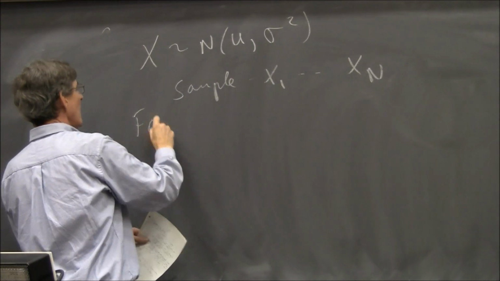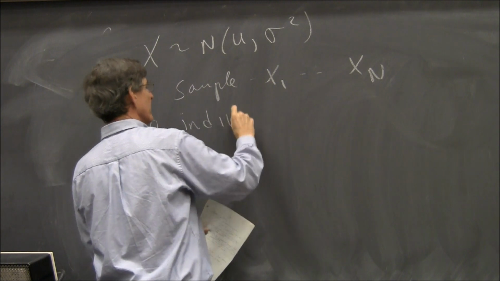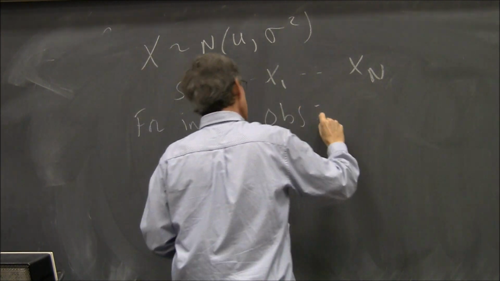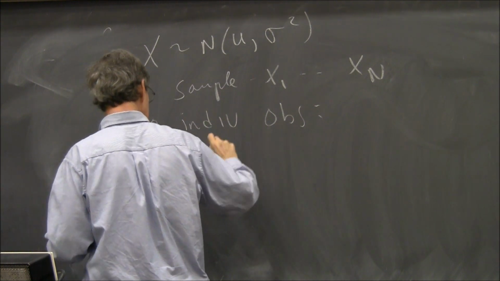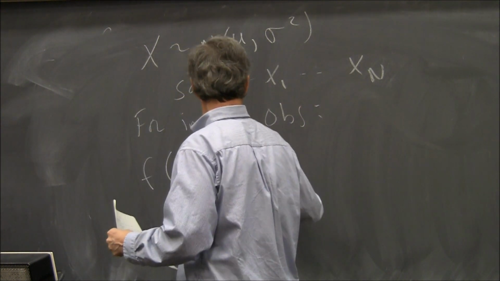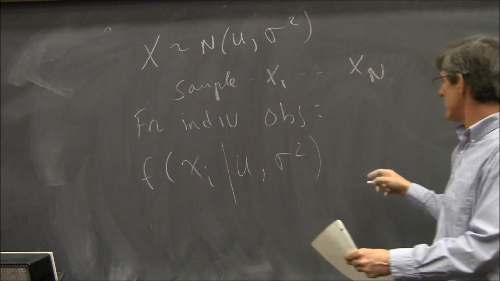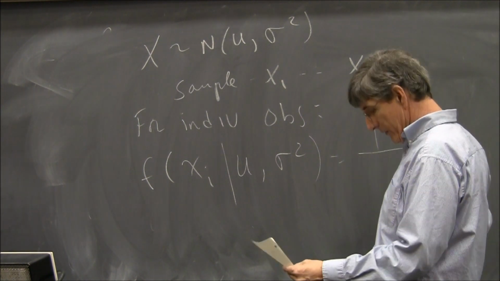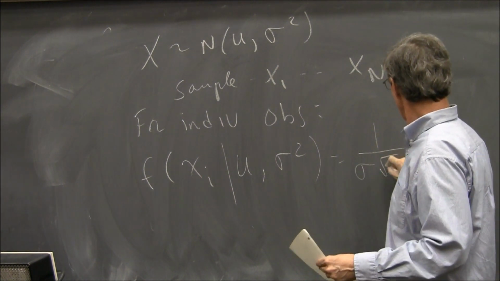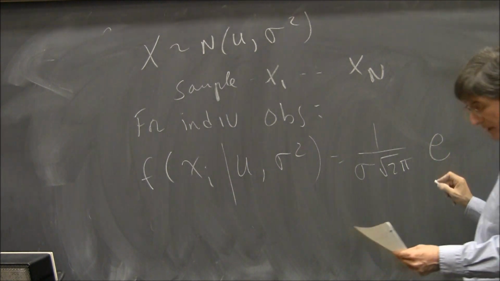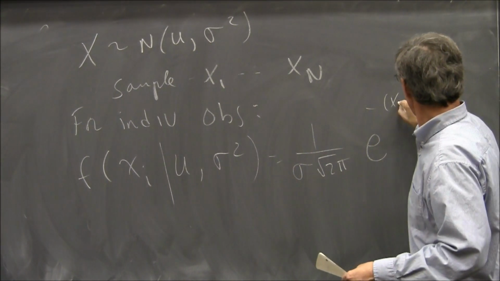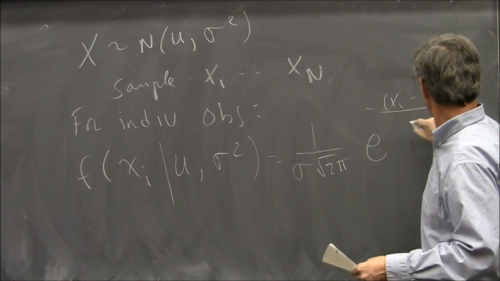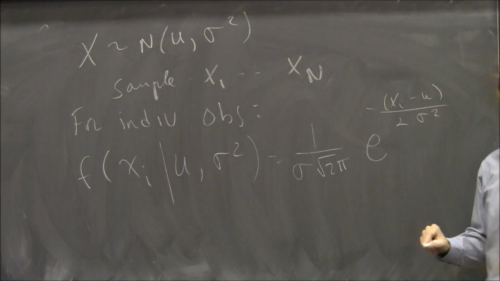For an individual observation, the distribution is f of xi given mu and sigma squared. So this is our distribution. It's just 1 over sigma square root 2 pi, e to the minus (xi minus mu) squared over 2 sigma squared.